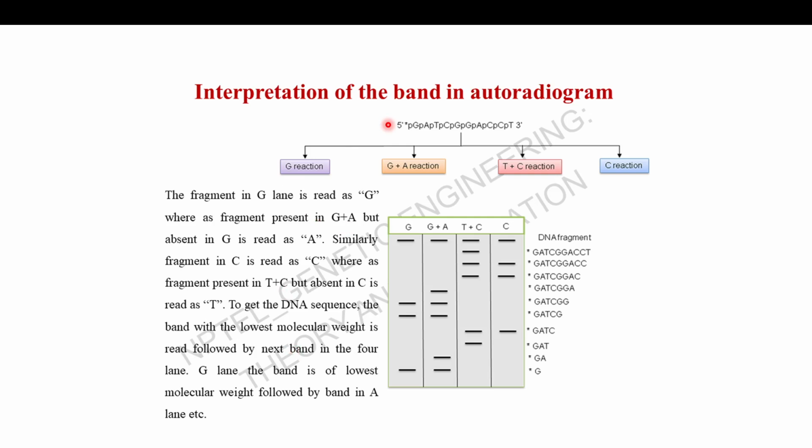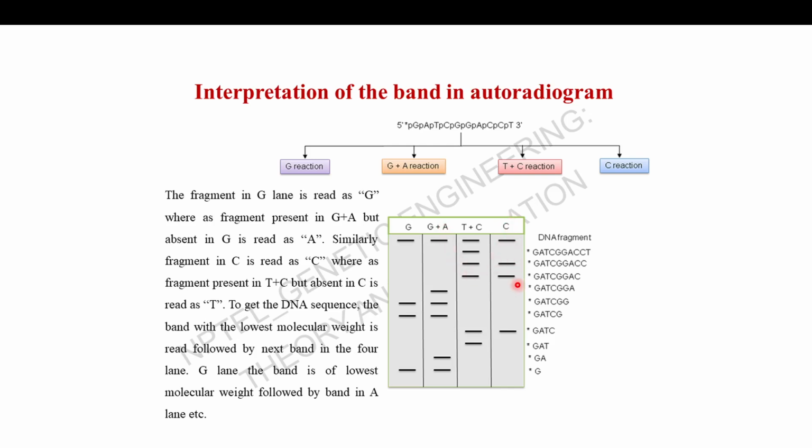So this is what happens: G reaction, G plus A reaction, T plus C reaction, and C reaction. Now, this is the gel and autoradiogram that eventually comes up. What is happening here is, the fragment in the G lane is read as G, whereas the fragment present in G plus A, but which is not there in G, will be read as A, right?